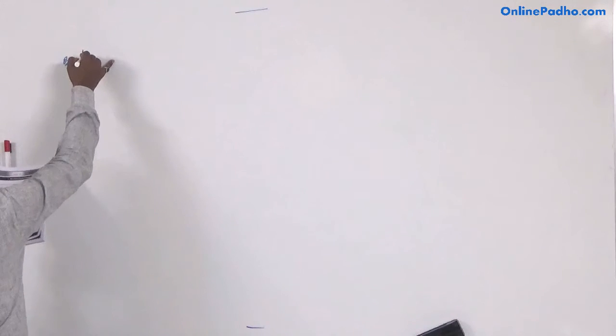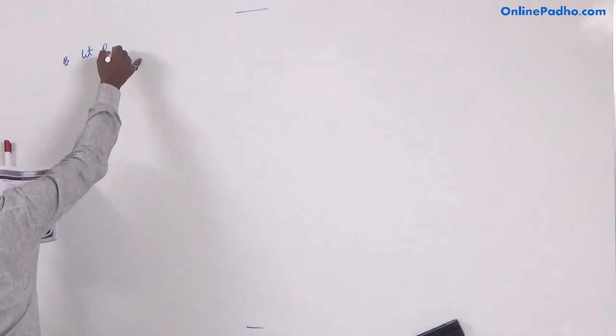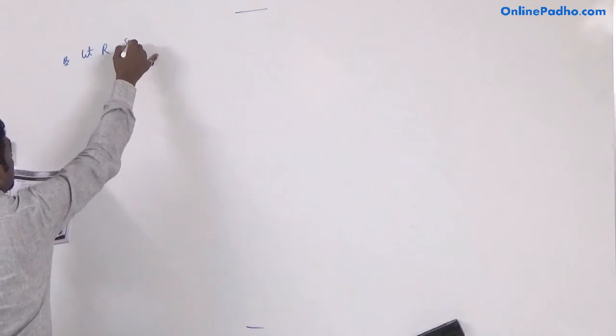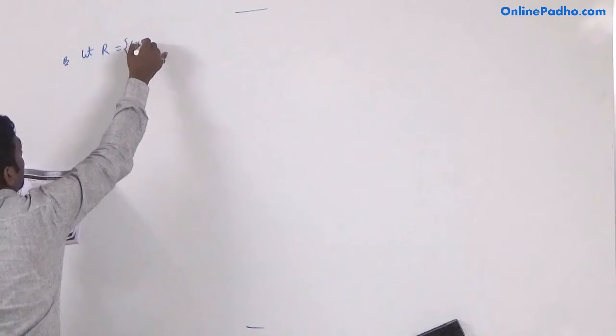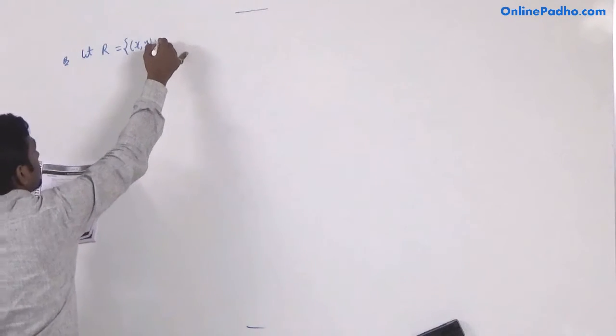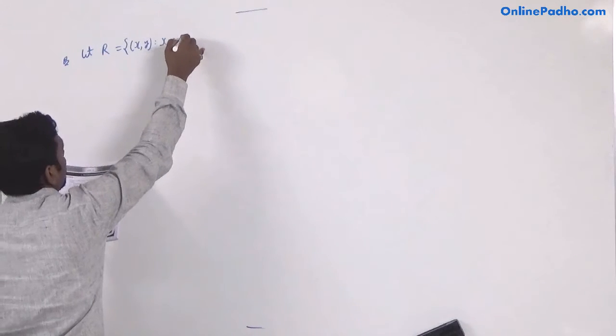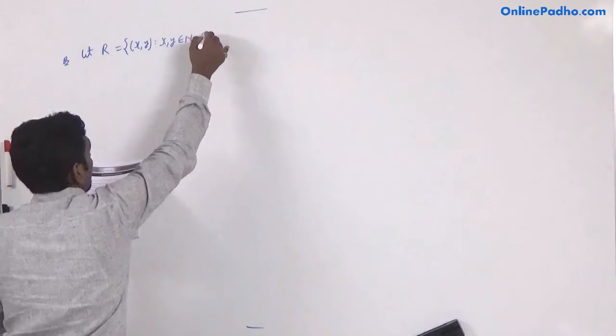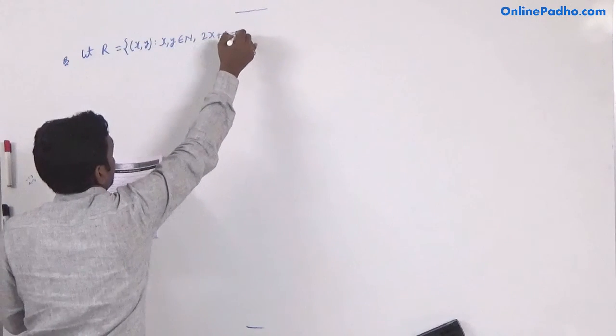Let R be the relation of (x, y) such that x, y belong to natural numbers and 2x plus y equal to 41.